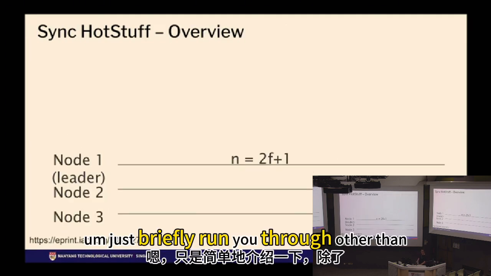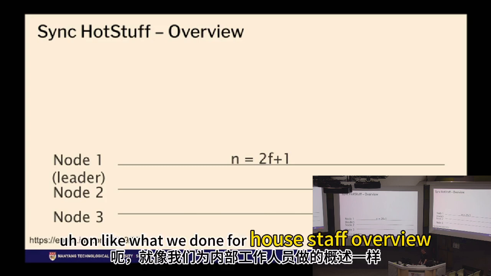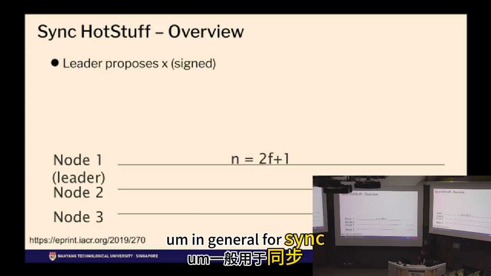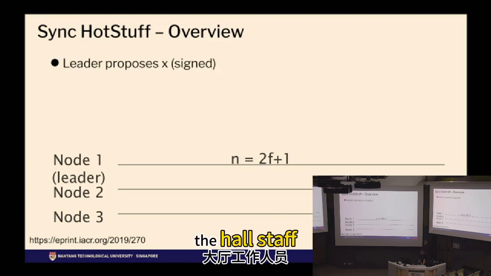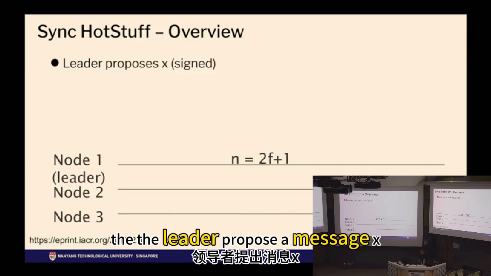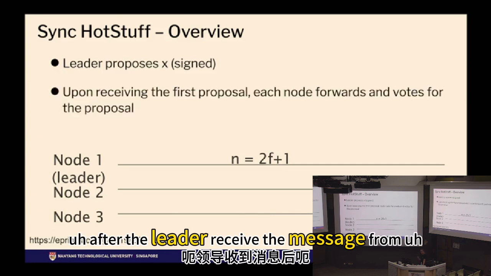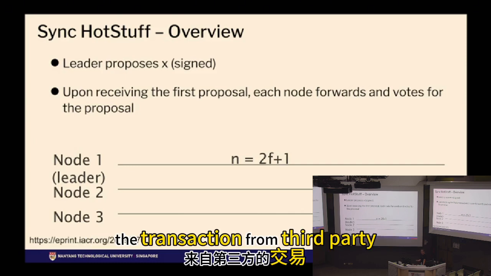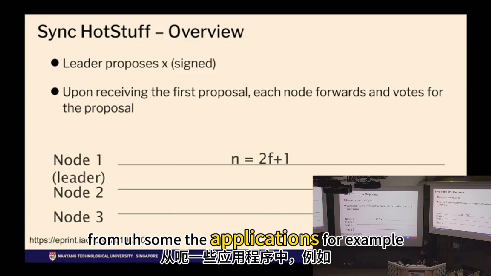So that's the precondition for what Sync HotStuff wants to achieve. Just briefly running you through, other than what we did for the HotStuff overview: in general, for Sync HotStuff, the leader proposes a message X after the leader receives the transaction from a third party, from some of the applications, for example.